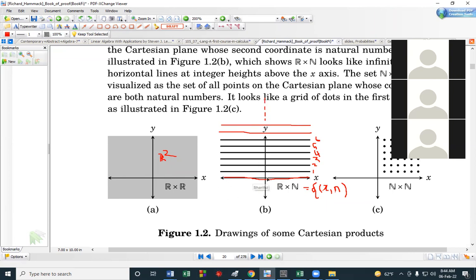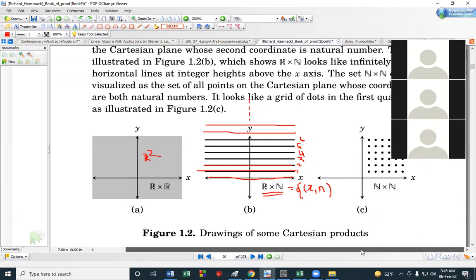For all possible points on the horizontal line, if you go 1 unit up, then you are on this line. For all possible points on the x line, if you go 2 units up, then you are on this line. So this is the geometric representation of R cross the natural number set.